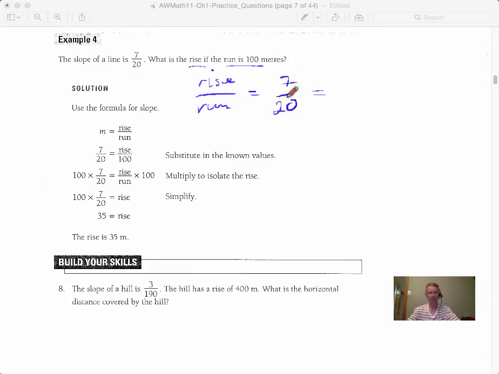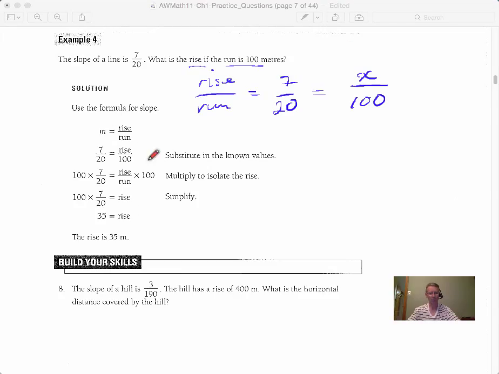That's in least or smallest whole number ratio. Now, what is the rise? We don't know the rise. The rise over the run. They tell us the run is 100. So this ratio of unknown to 100 meters of run must be the same as the slope, 7/20, which they give us. You can do different calculations here.